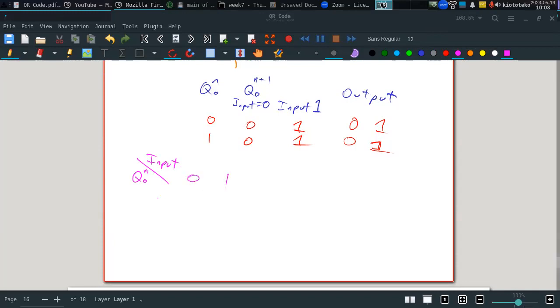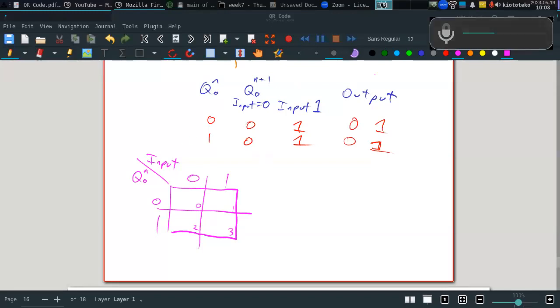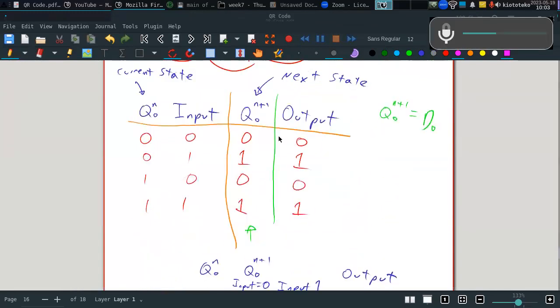We have 0, 1, 0, 1. We have 0, 1, 2, 3. And this will be for the next state case, no? But we also need one of these for the output, no?